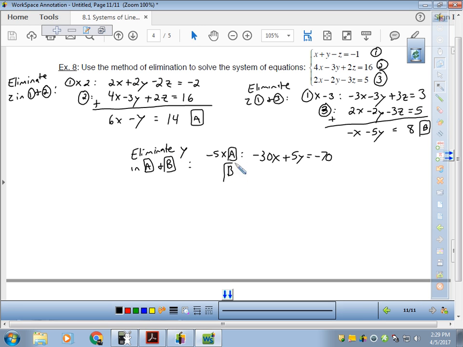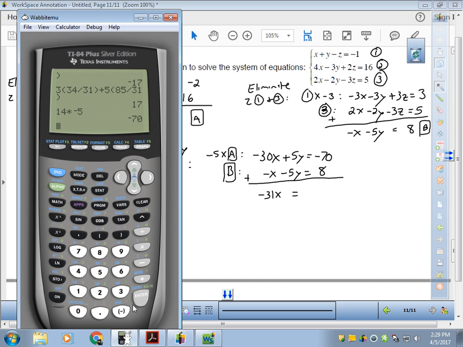And then I'm going to write down my B equation, which is negative x minus 5y equals 8. And then I'll add those together. Negative 30x plus negative x gives me negative 31x. 5y and negative 5y cancel. Negative 70 plus 8 gives me negative 62.